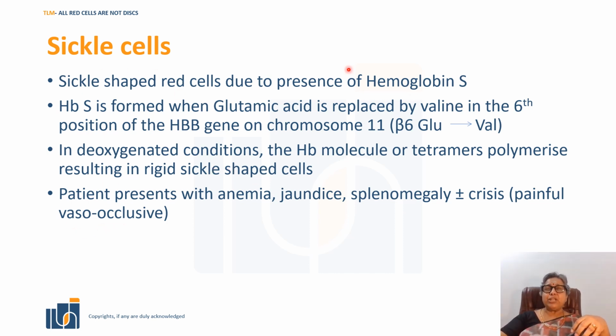So these patients with this abnormal hemoglobin can present with anemia, jaundice, splenomegaly, with or without a painful or vaso-occlusive crisis. When they present with that, it becomes an emergency and you need to treat it. Sickle cells are endemic in many portions of the world, and even in our country you find pockets where you have people with sickle cell disease.